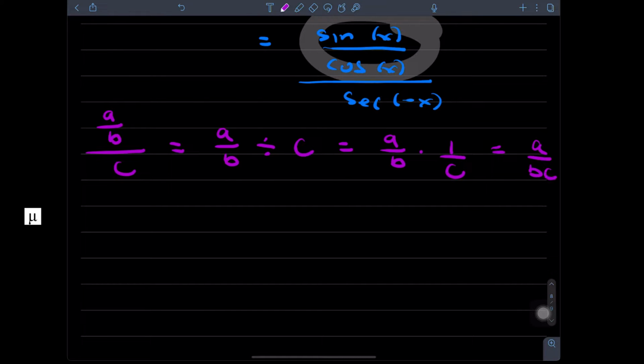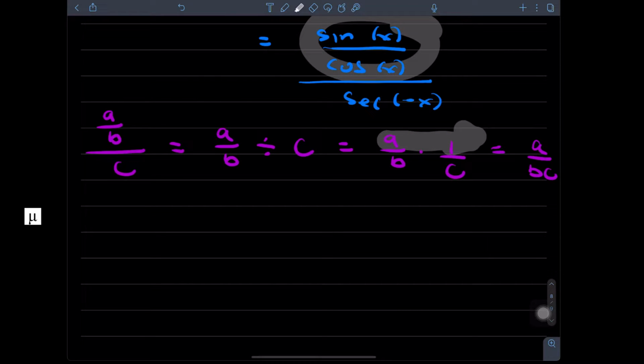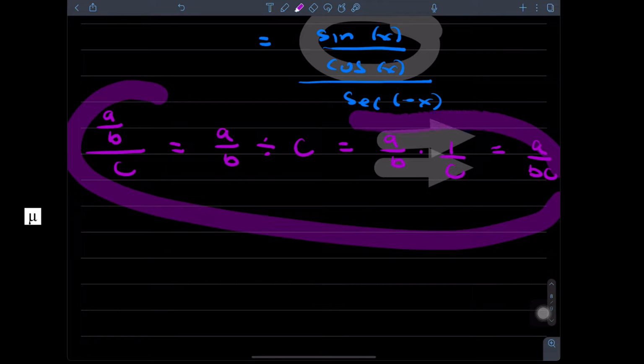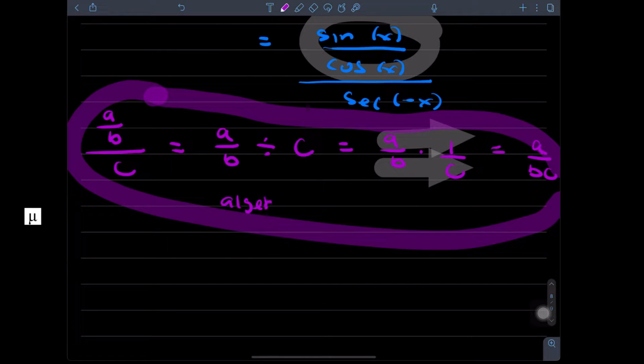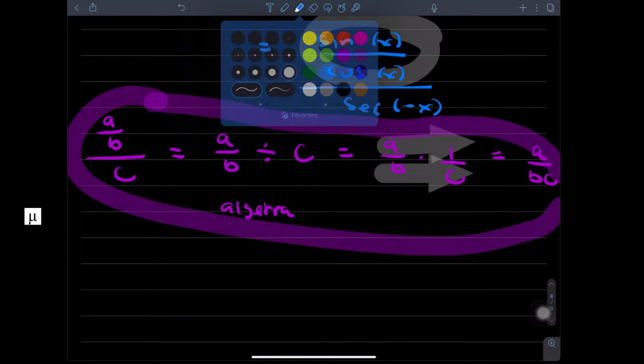A over BC. Okay, so I want you guys to remember there is some arithmetic, or the algebra. This is where the algebra comes in, right? So what does that mean now here? This is what this means.